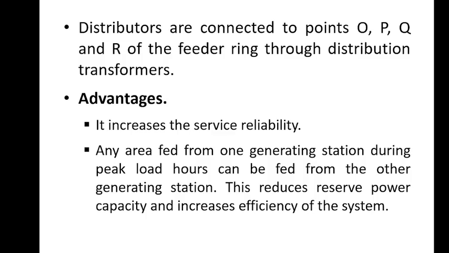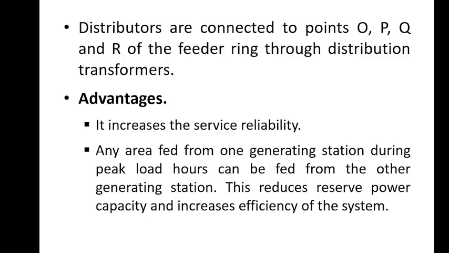Okay, this slide explains the configuration and advantages of an interconnected distribution system. In this arrangement, distributors are connected to different points on the feeder rings, especially at O, P, Q, and R through distribution transformers.